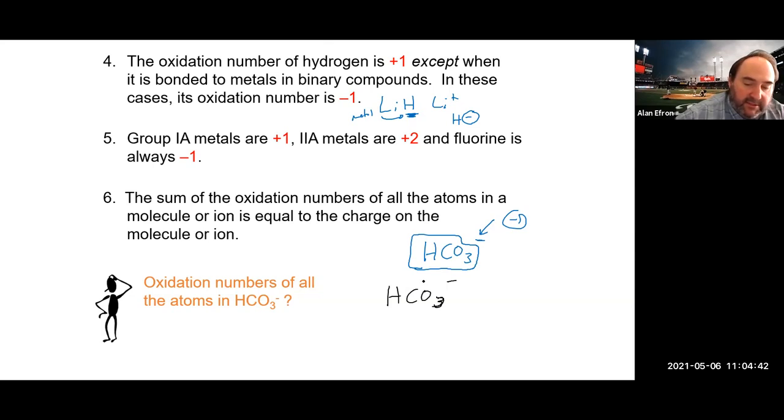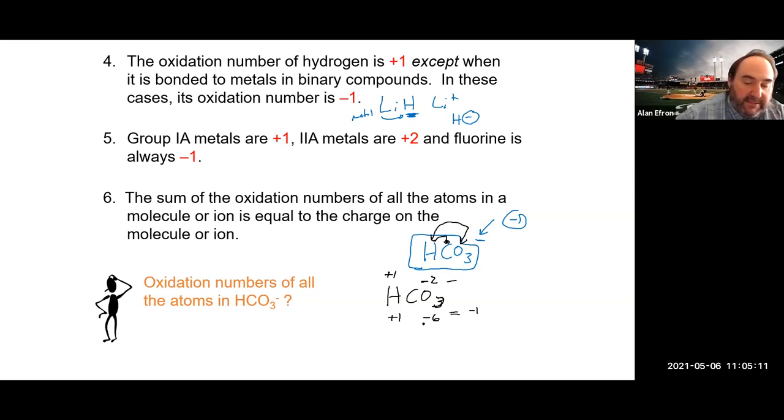So we will assign oxygen as -2 oxidation state. There are 3 of them, which gives you a -6. Now, in a situation of 3, a lot of times it's good to start on the right-hand side, go all the way to the other side, and then finish up with the guy in the middle. So we have hydrogen, which is +1. That means the overall guy needs to equal -1.